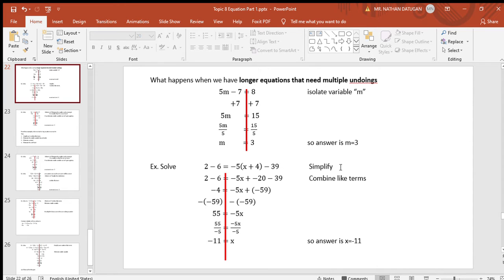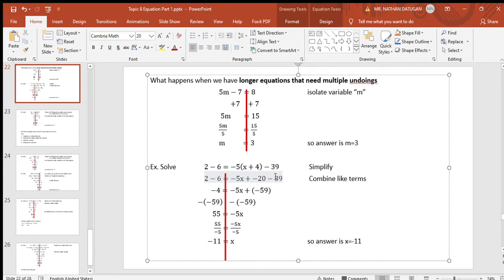First thing first, you need to simplify. You're going to distribute negative 5 to both x and 4, and you're going to get negative 5x plus negative 20. Let me write a parenthesis so you guys don't get confused. Negative 20 minus 39.